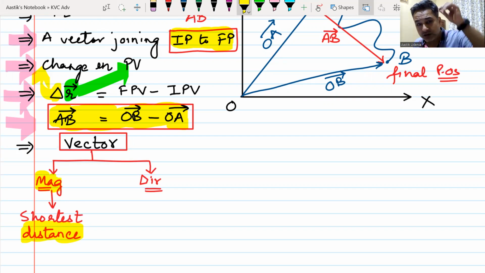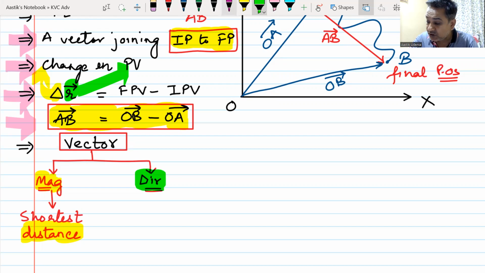But if you only talk about the magnitude, you will not do a good job, because displacement is a vector quantity. You have only told one half of displacement, the other half goes missing. Never forget the other half, which is direction.